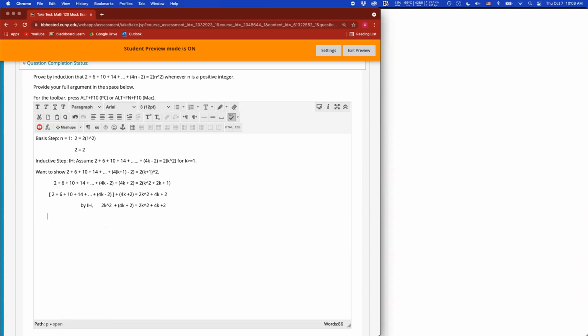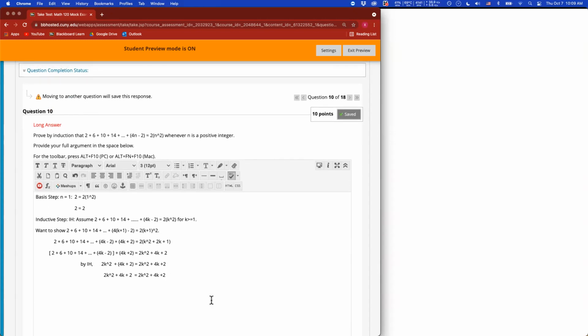And we show that the left-hand side, you get 2k squared plus 4k plus 2. That will equal 2k squared plus 4k plus 2. So we show that the left-hand side equals the right-hand side. Any questions here?